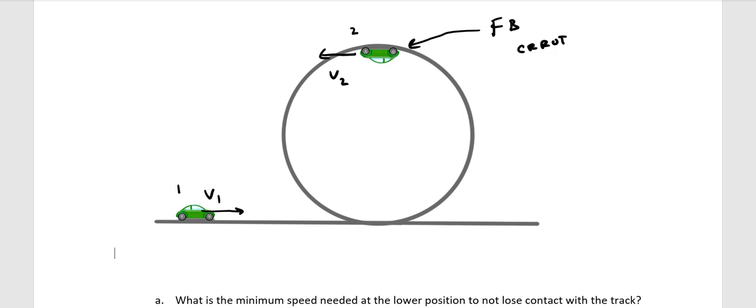Hopefully you'll have a conclusion to that. Then there's going to be a certain speed where that normal is going to go to 0, where the car will start to lose contact with the road. So if you set the normal to 0 in your equation, your v2 is going to be the minimum possible value at position 2 for that car to keep contact.